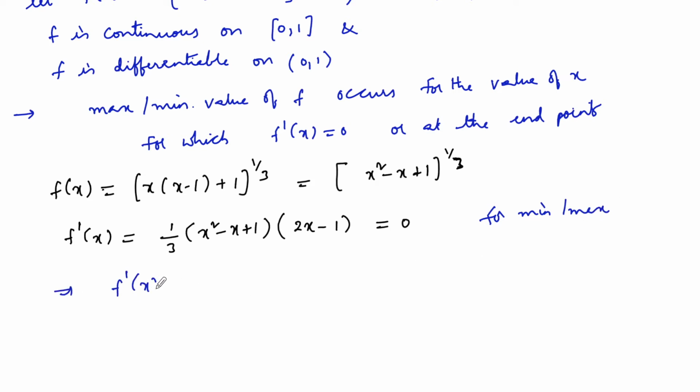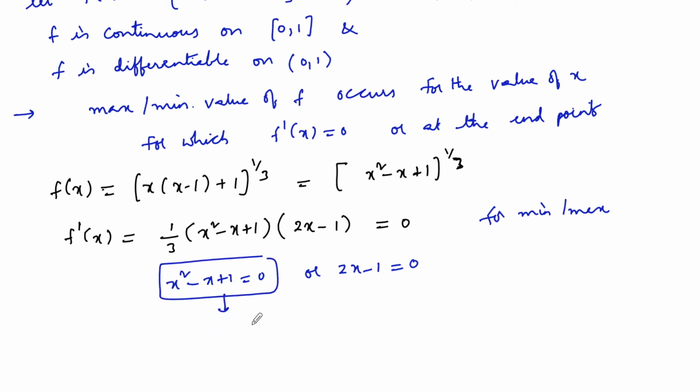So f dash of x, therefore, x square minus x plus 1 equals to 0, or 2x minus 1 equals to 0. For the first equation, x square minus x plus 1 equals to 0, its discriminant is 1 minus 4, which is equal to negative 3, which is less than 0.